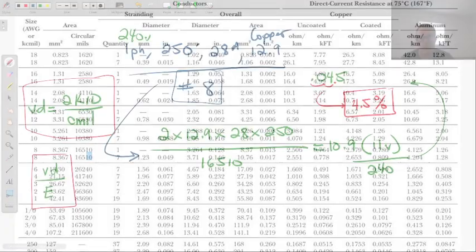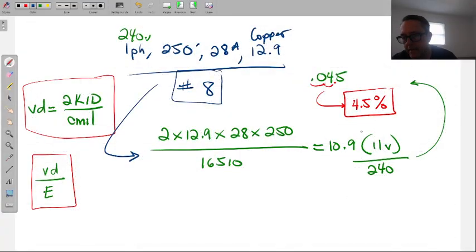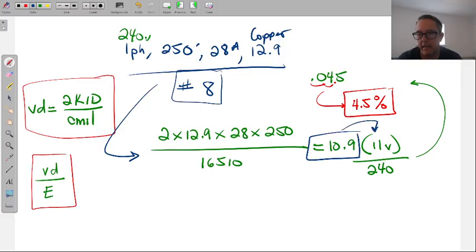Okay. So then we divide, and we land at 10.9, or again, we said 11 is fine. There's where our question was answered, and now we just divide. We apply this formula that's over here on this side. The answer divided by the voltage from the question, which is how you find a percentage of something.